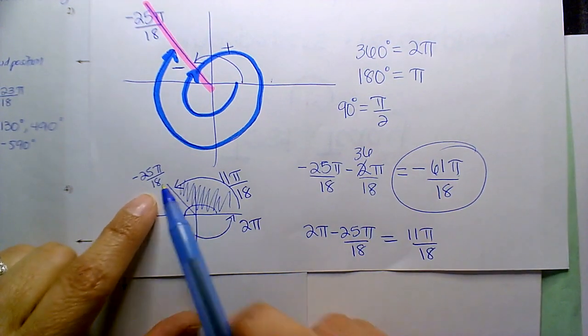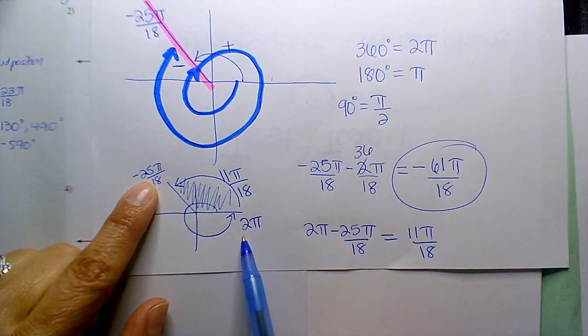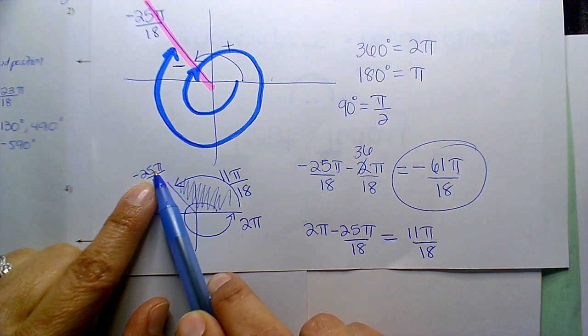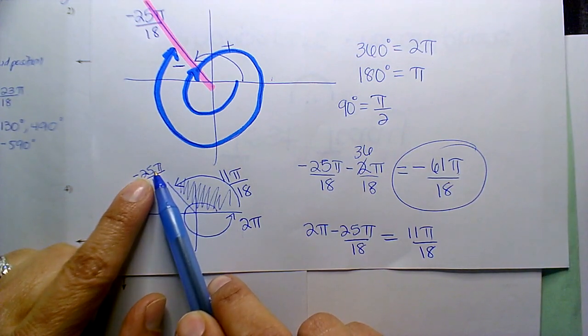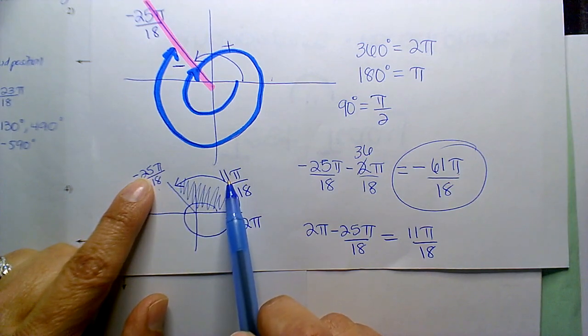Here's another way of looking at it. Look, you've got 18, right? What's your denominator? 18. 1 revolution is 2 pi. What's double 18? 36. You have 25. How much more do you need for 25 to become 36? 11. Right?